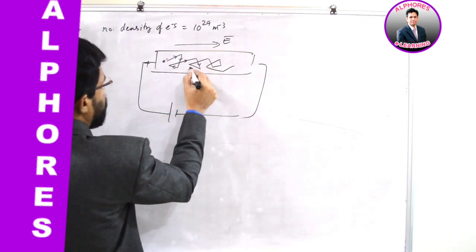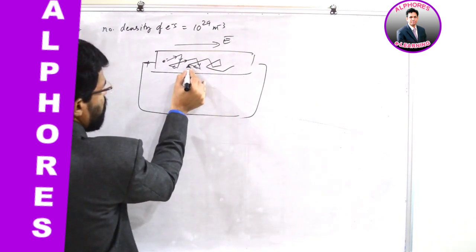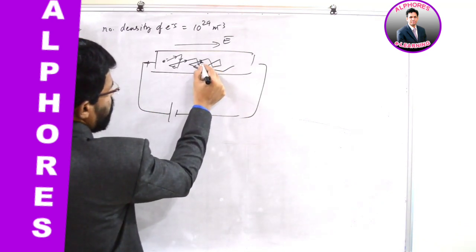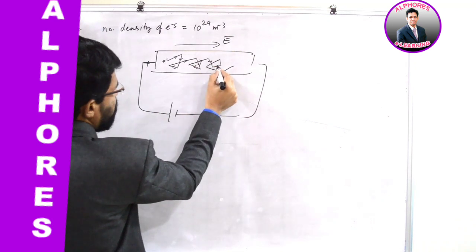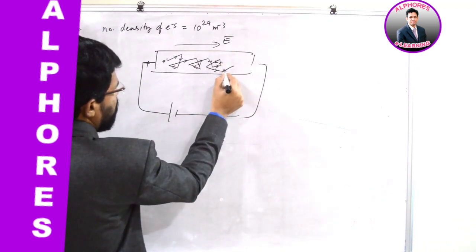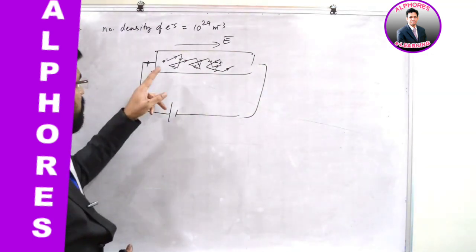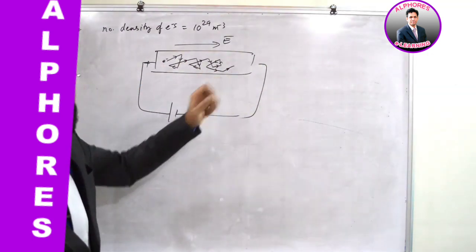Here it has suffered a collision, it has come back here, it has suffered one more collision here, it has gone ahead and suffered one more collision like this. It suffers several collisions, and finally, see, initially it was here, and finally it was somewhere here.